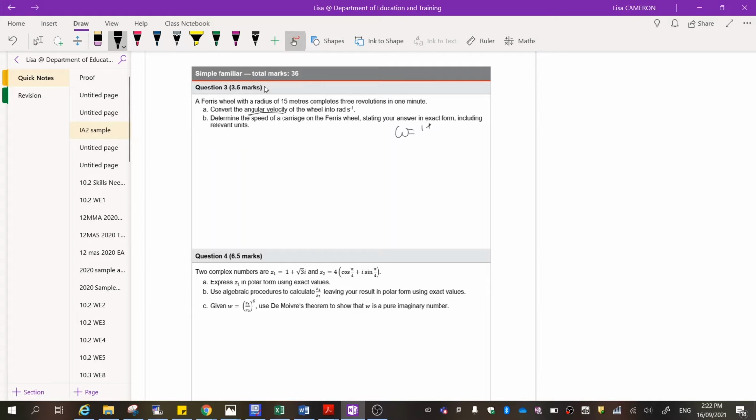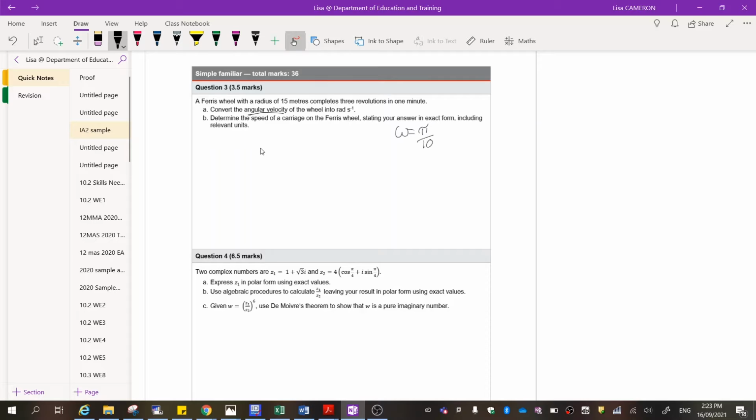Whatever it is, equal to pi on 10. Alright? So there you go. So that's W equals pi on 10. Now, you're going to determine the speed of the carriage on the Ferris wheel, stating your answer in exact form, including the relevant units.